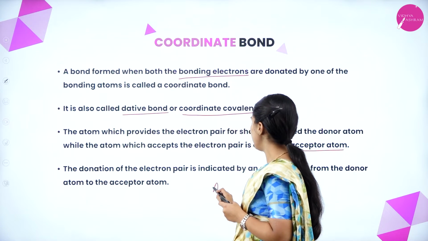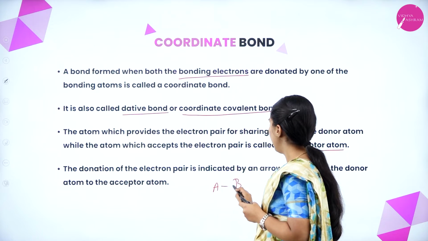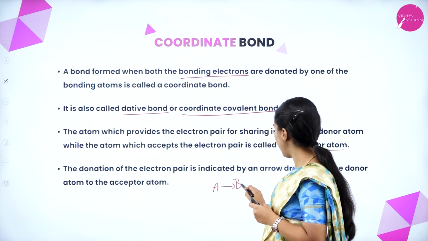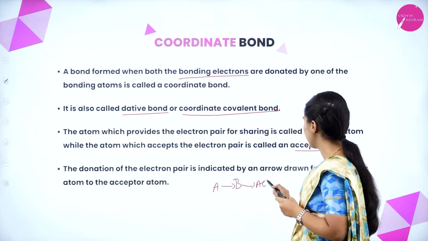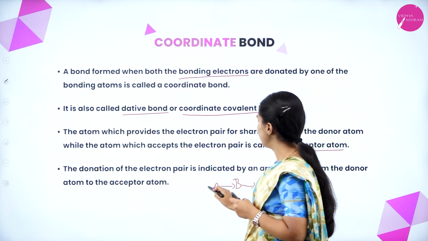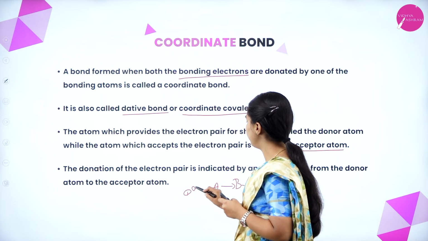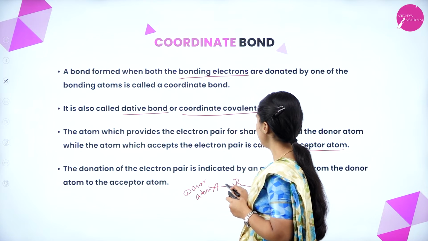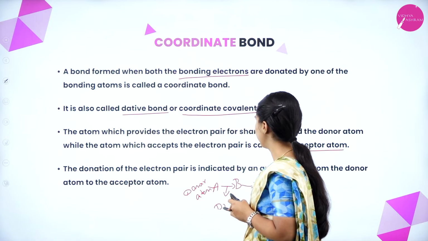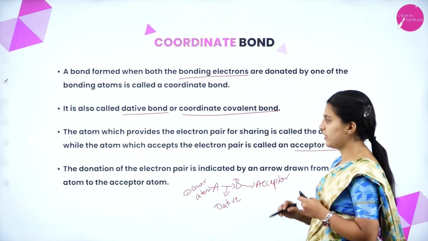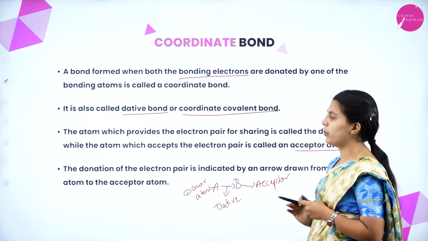If A is donating to B, the head of the arrow will move towards B because it is the acceptor atom, and A is the donor atom. Okay, this is dative bond or coordinate bond. This is the overall concept of coordinate bond.